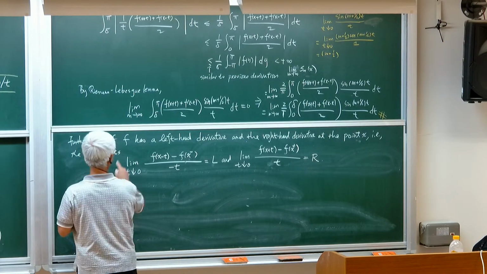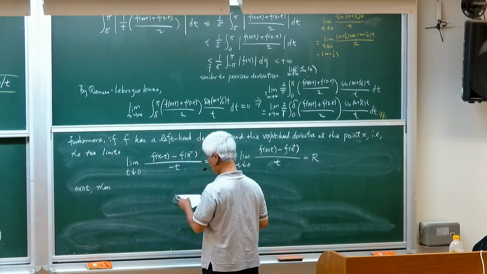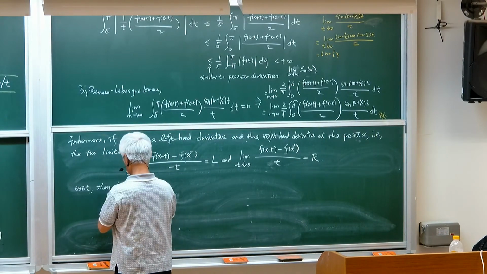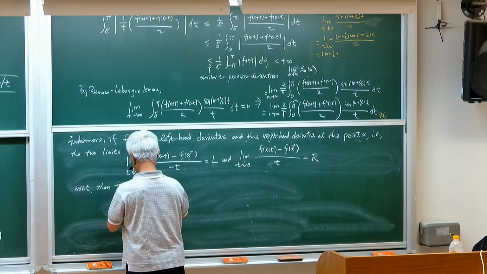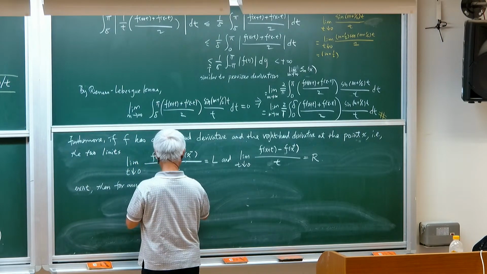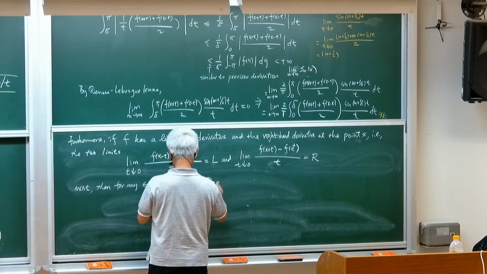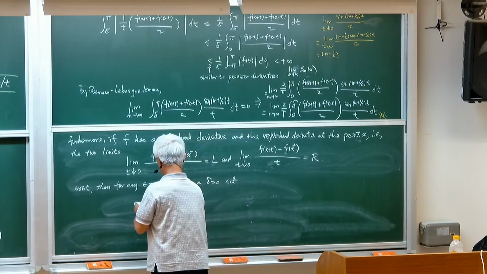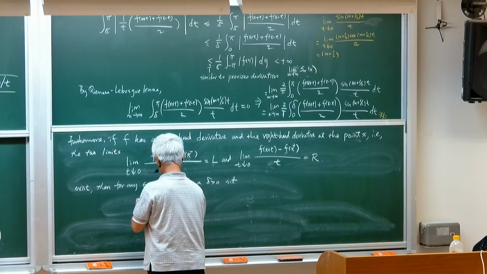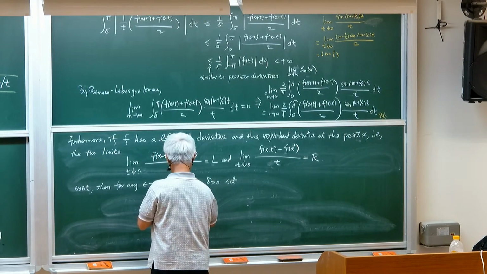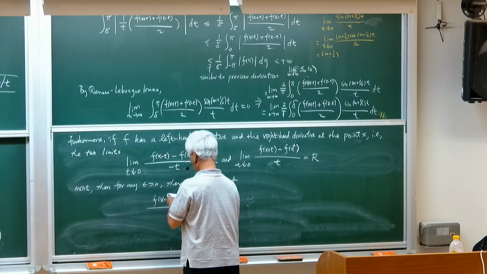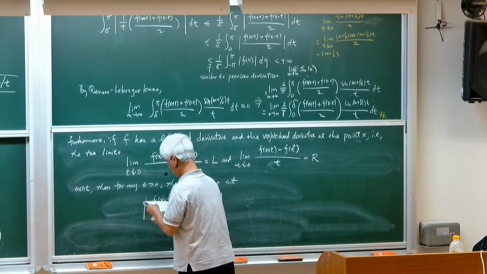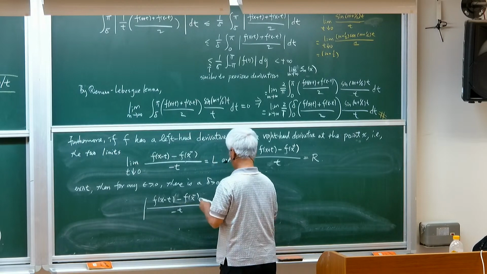So furthermore, if we have these two limits, then for any epsilon greater than 0, there exists a delta greater than 0 such that |(f(x − t) − f(x−)) / (−t) − L| is less than epsilon.